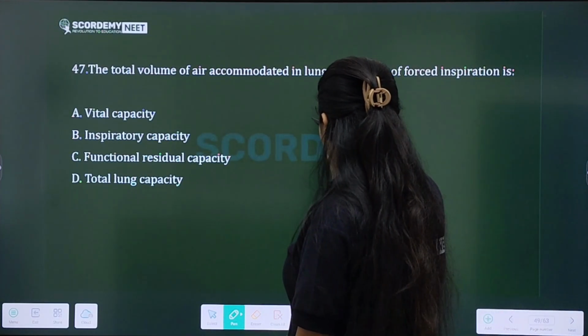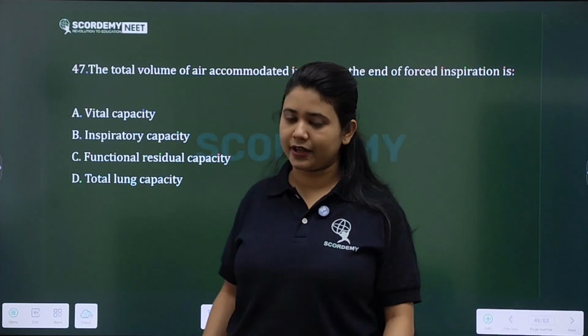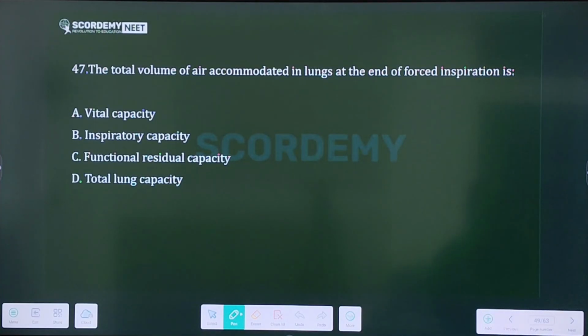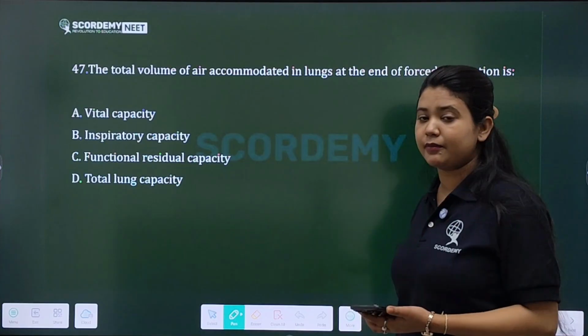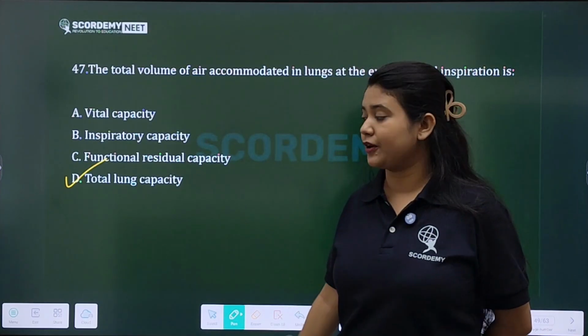The next question: the total volume of air accommodated in the lungs at the end of forced inspiration is... What will be the answer? So the answer will be your total lung capacity.